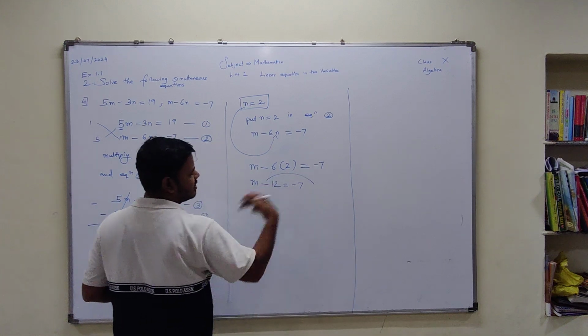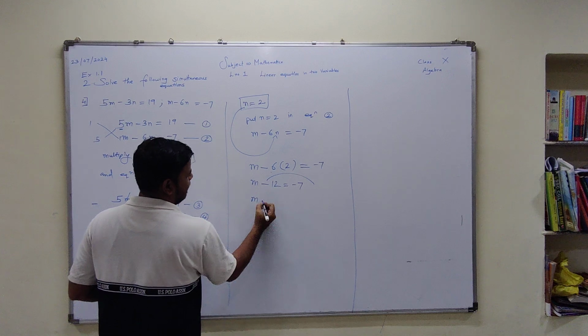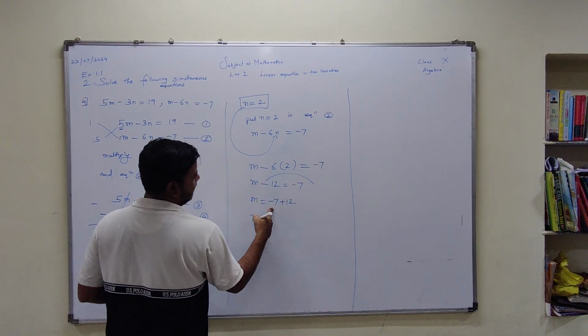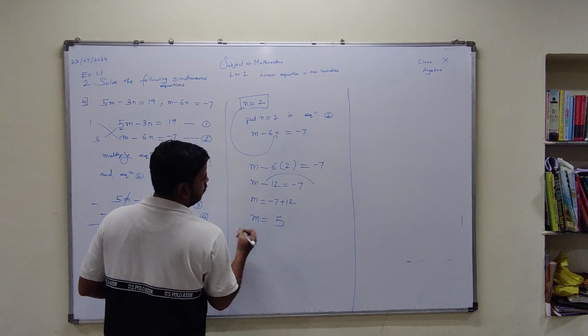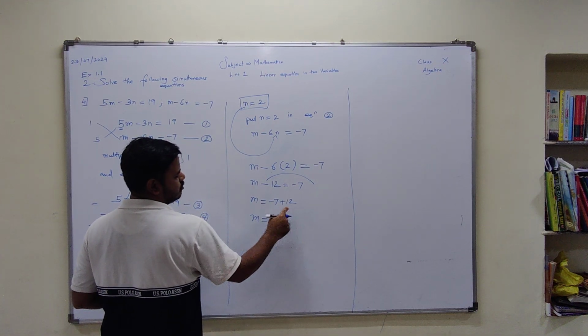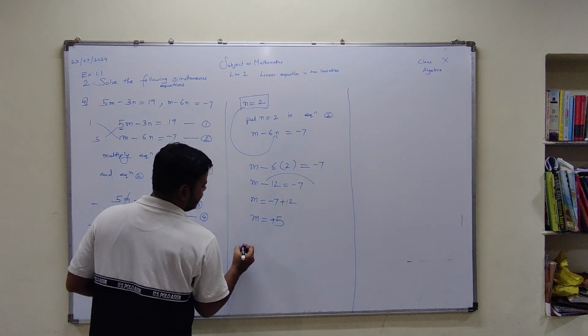This 12 will go to the right side, so it will become plus. m equal to minus 7 plus 12. 12 minus 7 is 5. And which is the greater number, 7 or 12? 12. So it will carry the sign of 12, that is plus. So we got the solution.